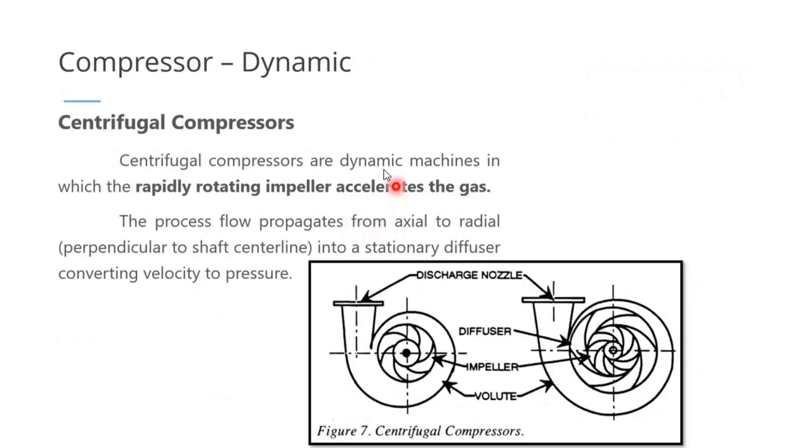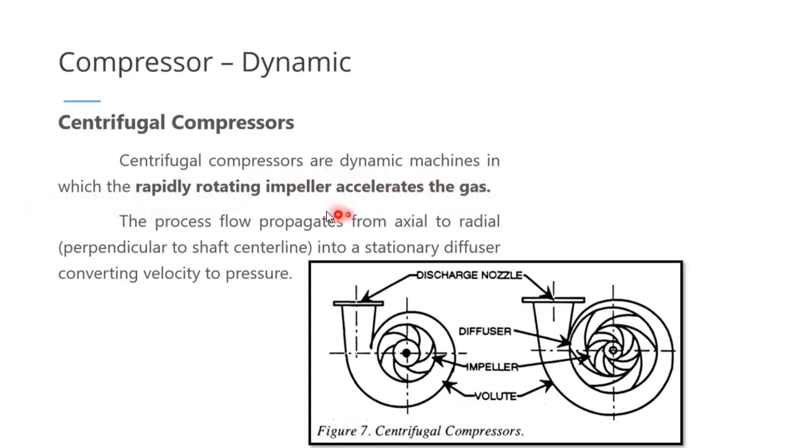And so let's proceed with dynamic type. Si dynamic, ulitin ko, binibigyan niya yung gas or air ng velocity. Then this will be converted eventually into pressure. First we have centrifugal compressors. Centrifugal compressors are dynamic machines in which the rapidly rotating impeller accelerates the gas.